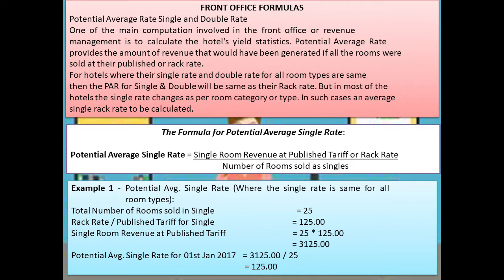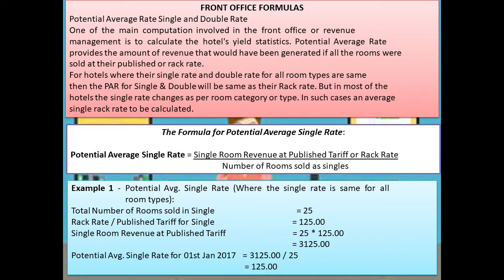In hotels where the single rate and double rate for all room types are the same, the potential average rate for single and double will be the same as the rack rate. But in most hotels, the single rate changes as per room category or type. In such cases, an average single rate or single rack rate has to be calculated.